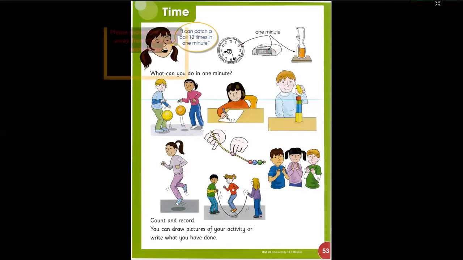When the minute needle or handle is moving and it starts from 12 and moves and gets back to 12, it means 1 minute is full. So now you have to judge what you can do in 1 minute. The girl here is saying I can catch a ball 12 times in 1 minute.